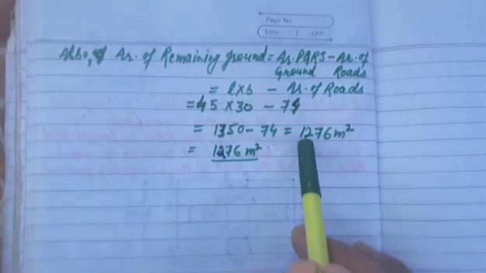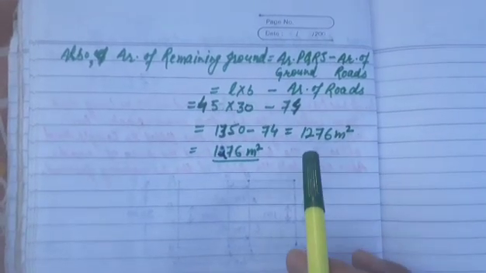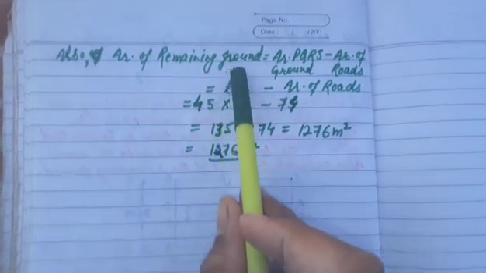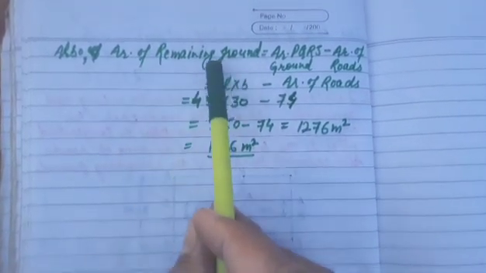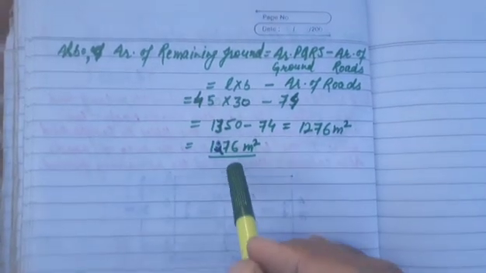When we subtract, we get 1276 meter square. So this is the area of the remaining portion of the ground, without roads.